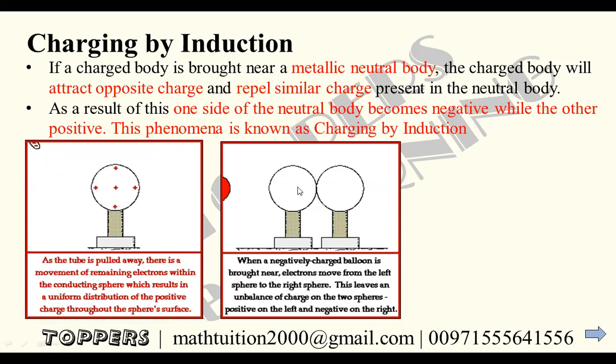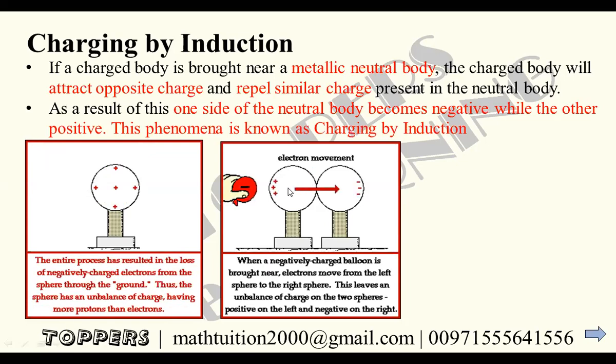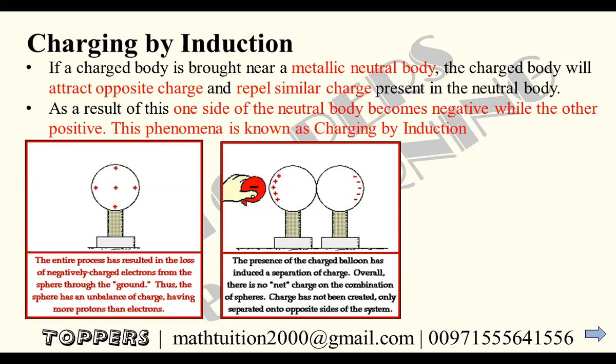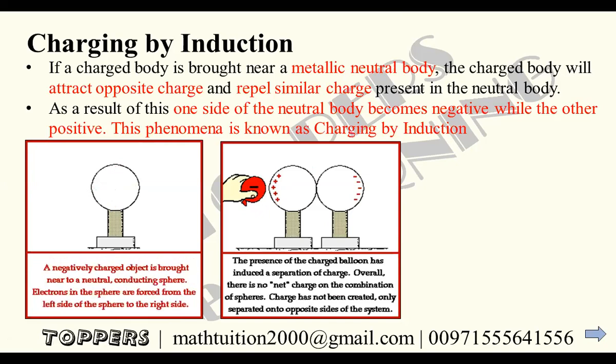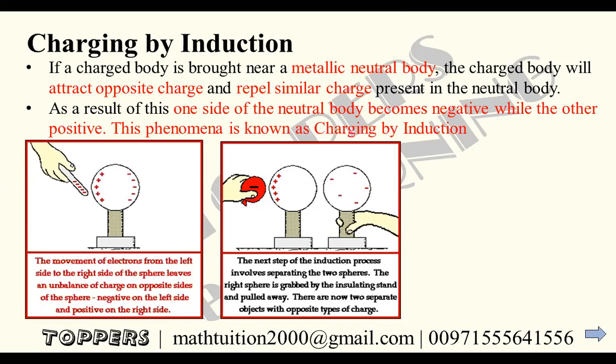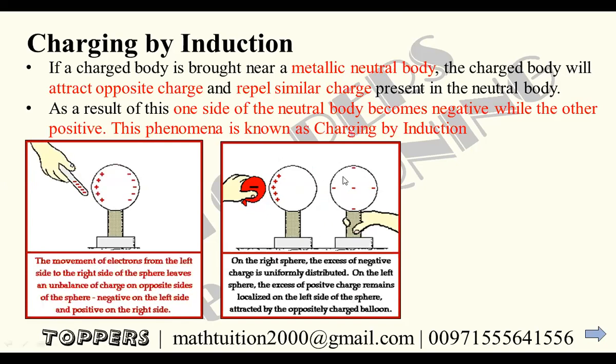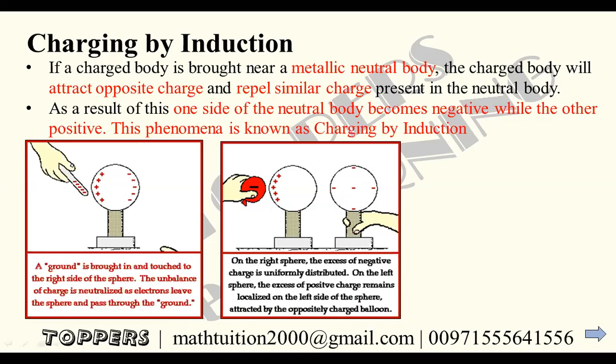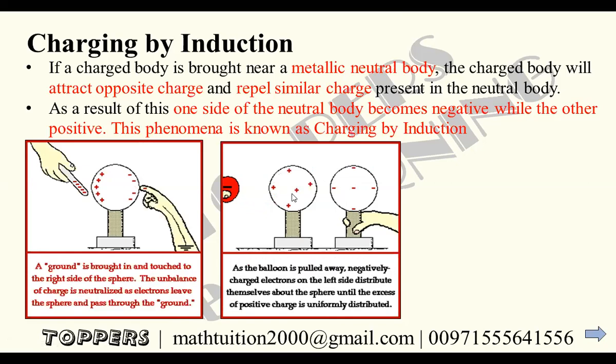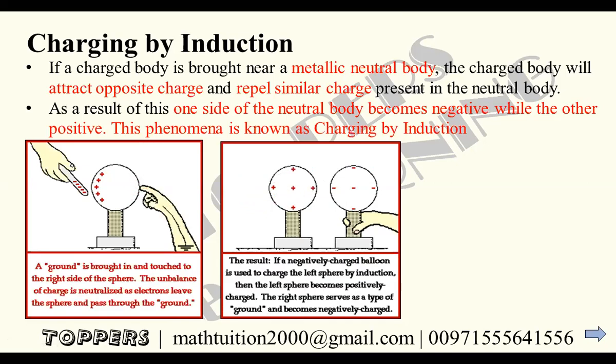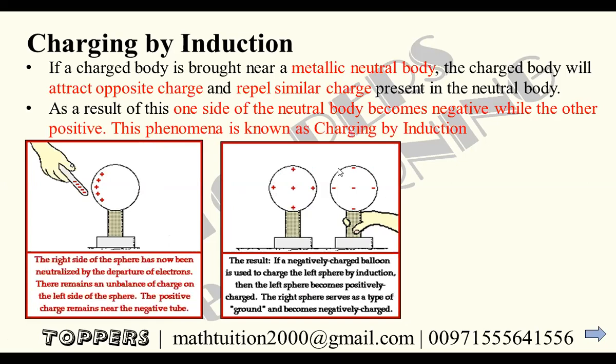And in the other one, the number of electrons is lesser than the number of protons. So when we remove these two bodies, the first body will become positively charged and the second body will become negatively charged.